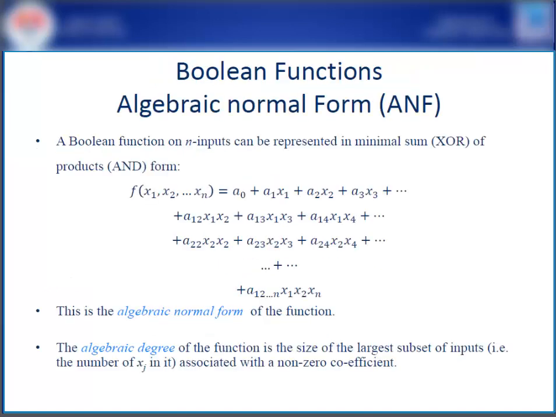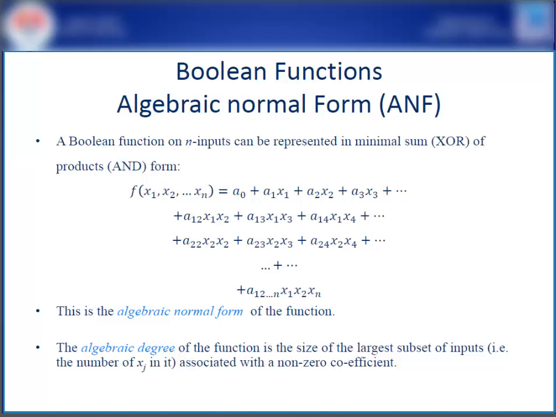However, it is not always convenient to represent a Boolean function by its vector representations such as the truth table or polar truth table. For example, if we have 5 input bits, then the length of the truth table is going to be 2 to the power 5, which is 32 bits.